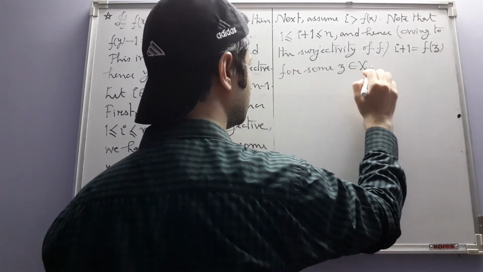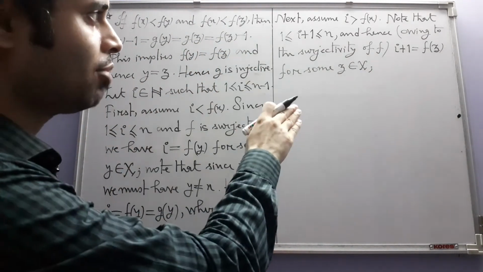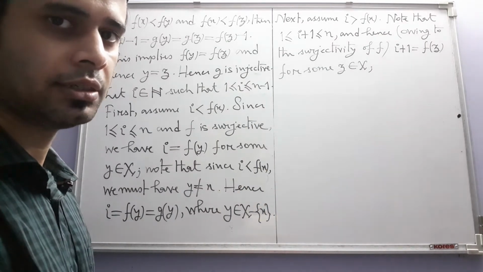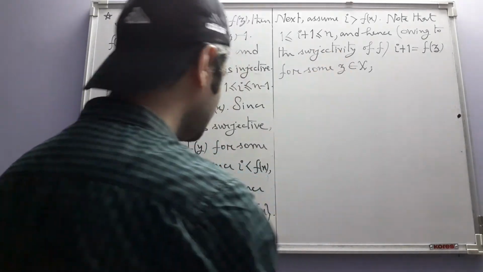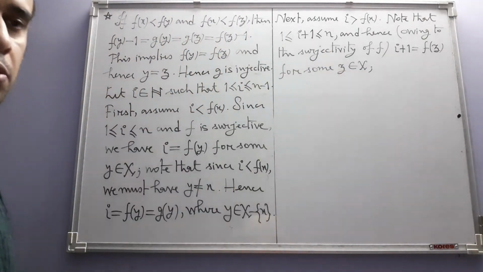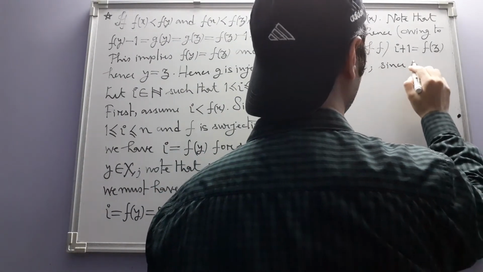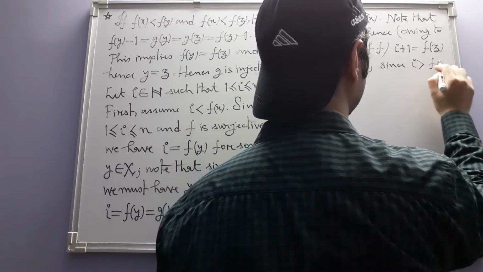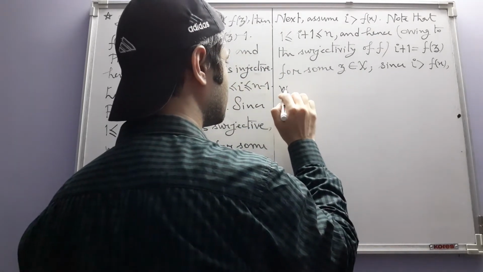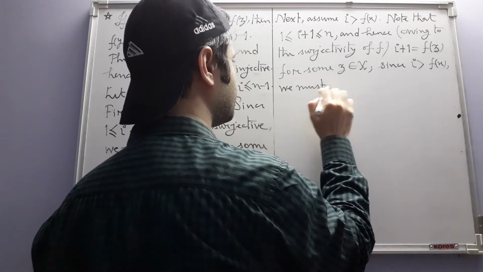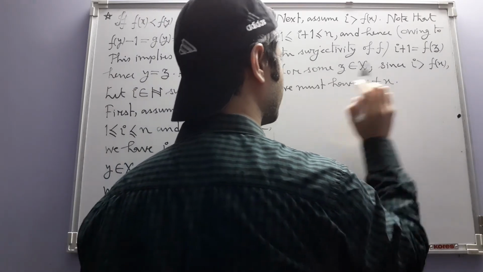So again, using the fact that f is surjective, now we have realized I plus 1 as the f image of some element in x. Okay. Now just like the previous case, z also cannot be equal to x, since I is greater than fx, we must have z not equal to x.